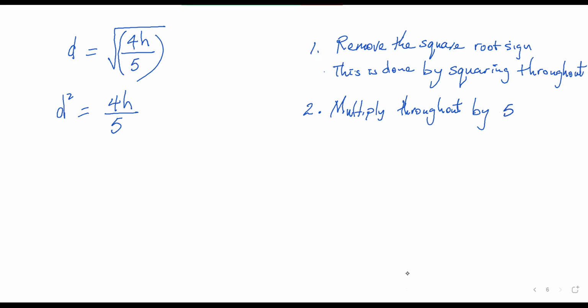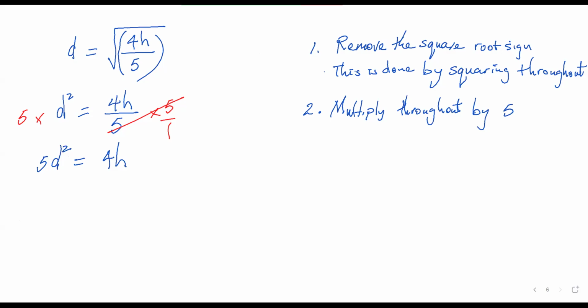If I multiply by 5, this will cancel. So what I'm left with is just 4h. If I multiply the other side by 5, now I will have 5d squared.